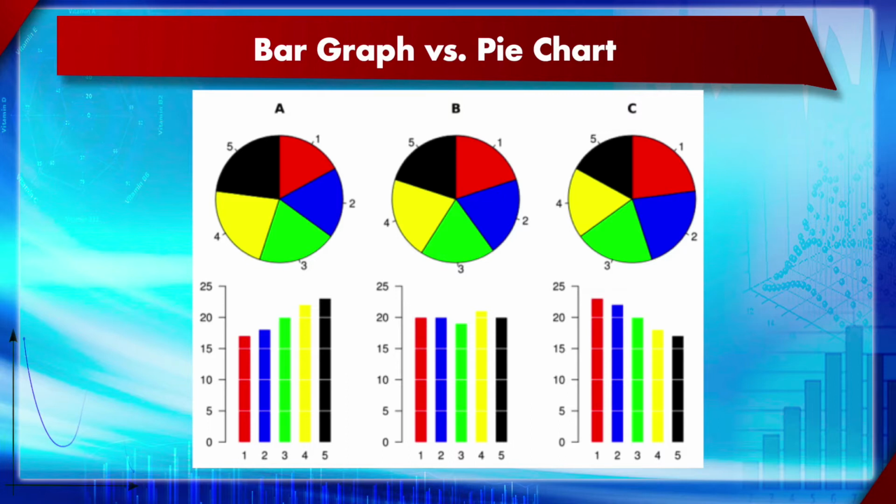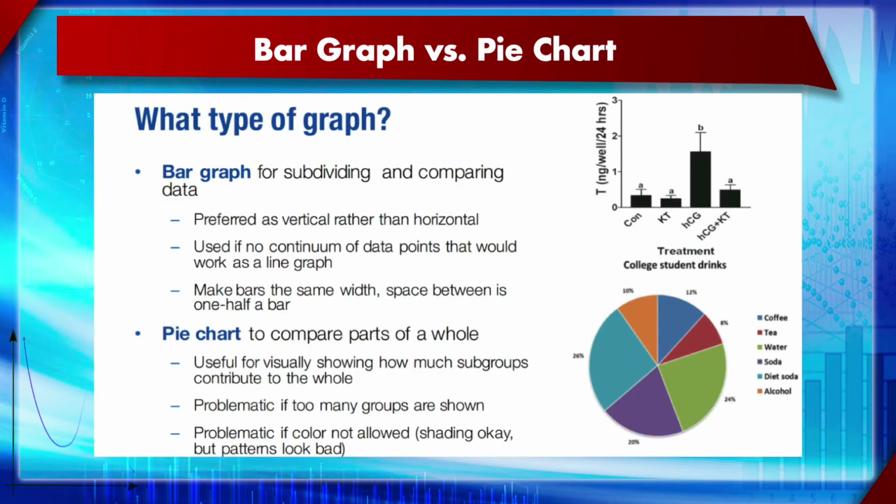So, rather than going for a pie chart, it is always preferable to use a bar chart. My personal preference is that I will always go with the bar chart rather than the pie diagram, because a pie is extremely confusing, especially if the wedge sizes are nearly similar. The bar graph is good for comparing data, especially at the ordinal level, while the pie chart is good for comparing parts to the whole.